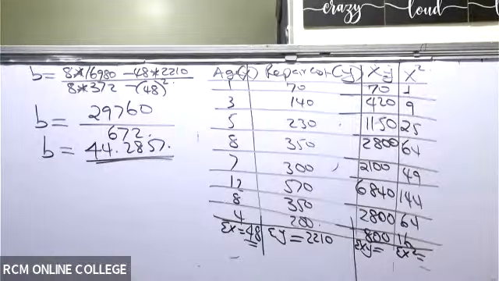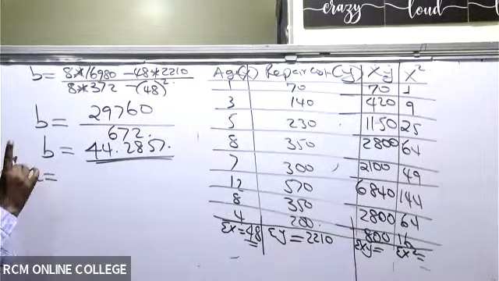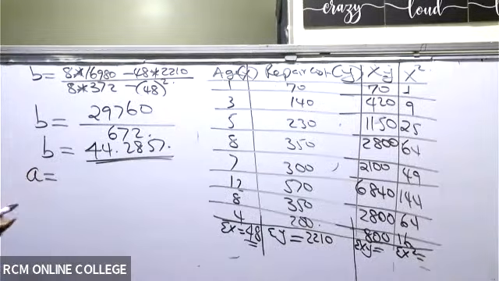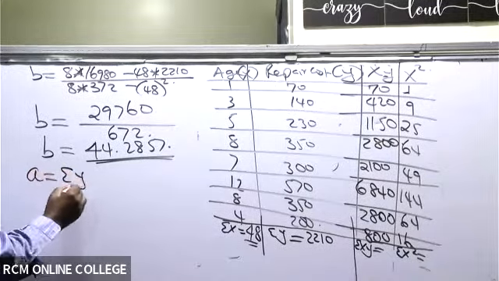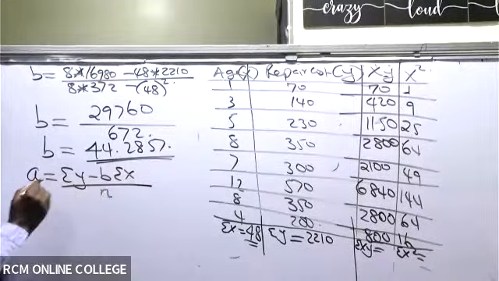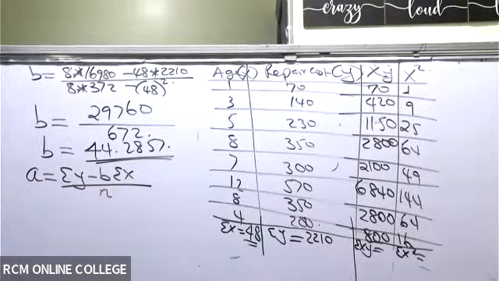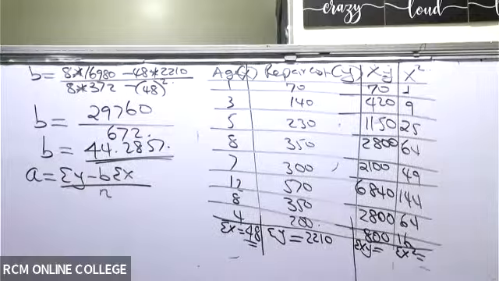And once you get the value of B, getting A is as easy as a walk in the park. To get A, we normally take summation of Y minus B times summation of X, divided by N. Do we have all these parameters?